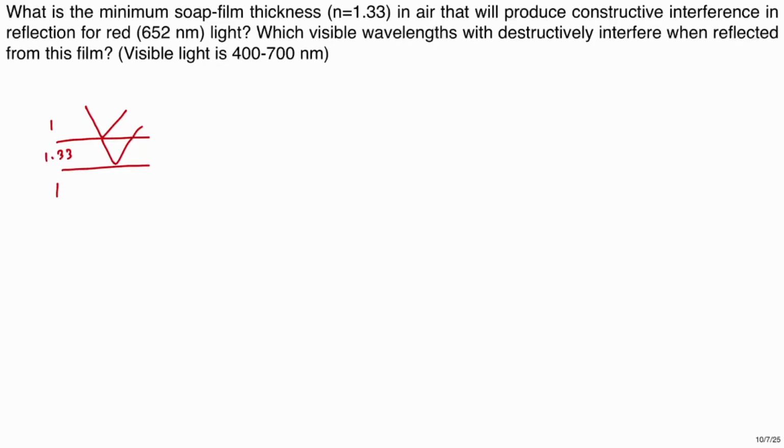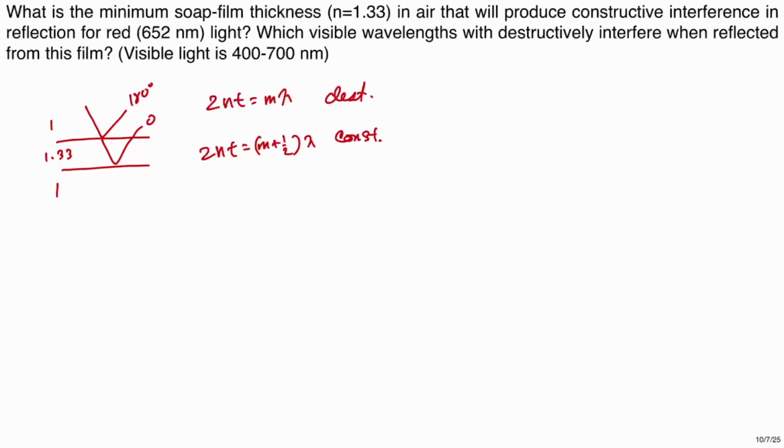Off the top surface, phase change or not? Yes, we're going low to high. And then bottom surface, high to low. Nothing. Okay. So 2nt equals m lambda says don't change anything, so we're going to end up with destructive. 2nt equals m plus a half lambda means constructive in that case.